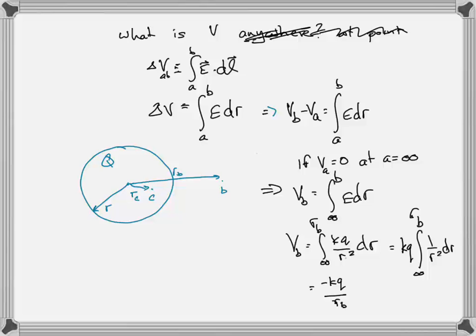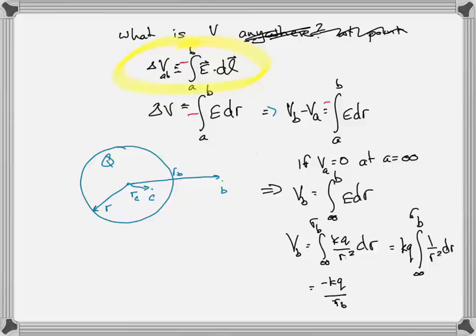Except that I apologize, I made an error. Oh dear. I hope you caught this one. When I started this problem, I said that this is the definition of potential difference between A and B, the general definition, but I left out a minus sign. The definition is minus E dot dl.